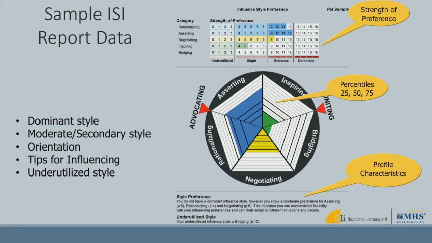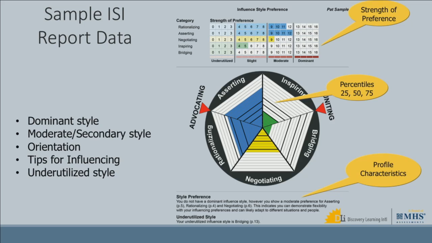The ISI takes about 15 minutes or so to complete, and it comes in a paper-and-pencil version and online, just like all of these tools do. You get the printout in terms of dominant style, secondary styles, some orientation, some summary characteristics, and tips for influencing, like the CSI.